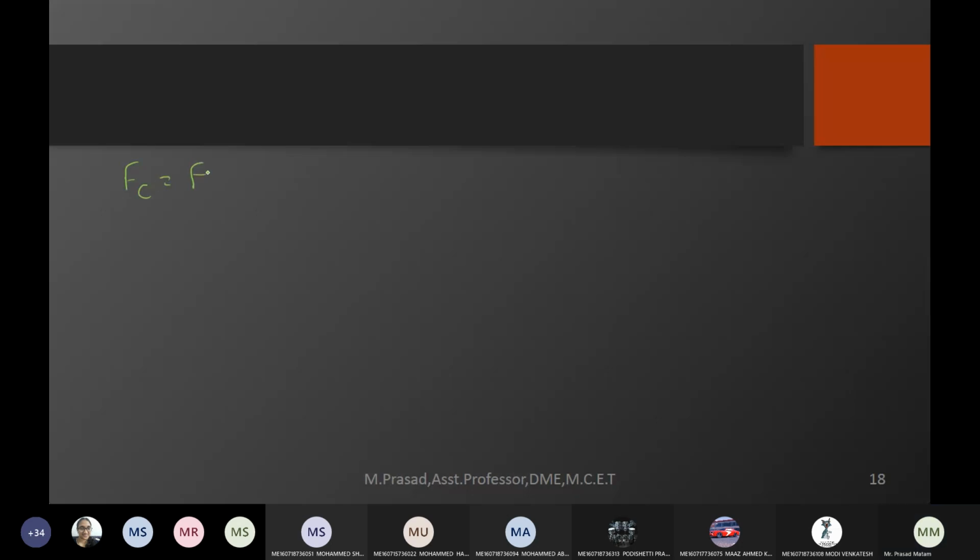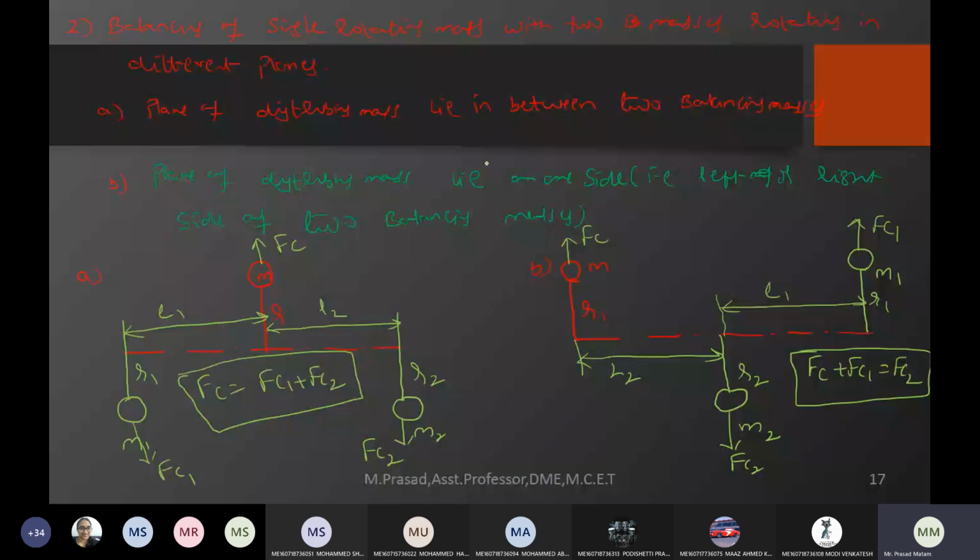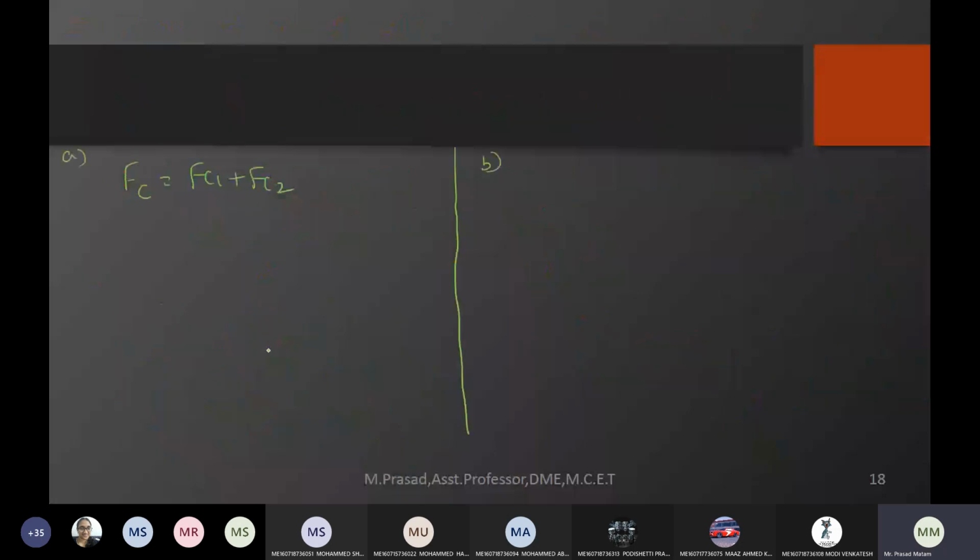Fc is equal to Fc1 plus Fc2. I just want to show it separately. Case A, I'm continuing here. This is for case B. So for case A, what is the condition I'm getting? Upward force Fc is equal to the downward forces Fc1 and Fc2. Now can you write the equation?